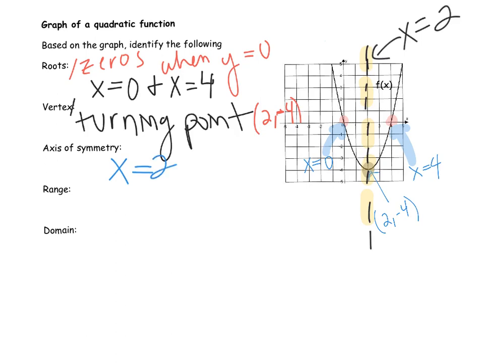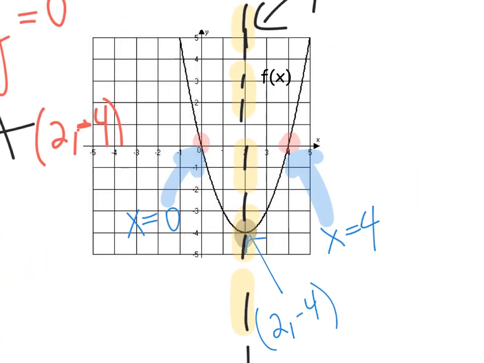All right, let's finish it up here. We're almost done. Domain and range. You need to know domain are your x values and range are your y values. Okay, well, let's see. What are all the possible y values for this graph? Well, I'm going to sketch over this.